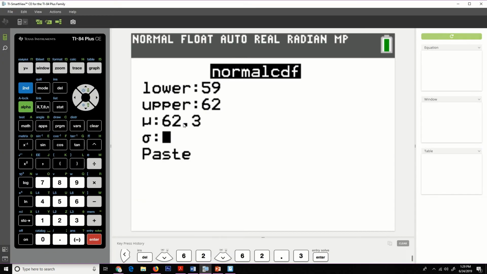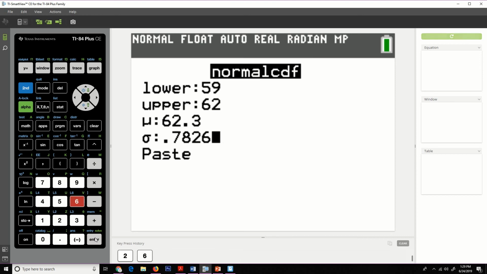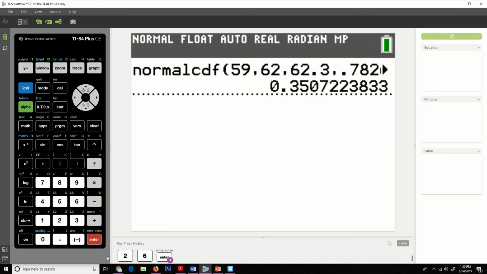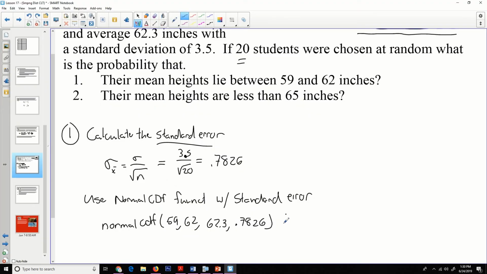And so if I grab my graphing calculator, 59, 62, 62.3 is our mean, and then 0.7826. If I hit enter, I get 0.3507.